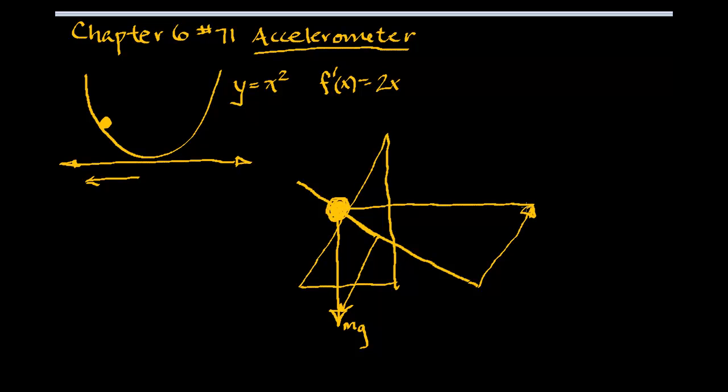Okay, so this is our force that's being generated by the acceleration, and remember, the normal force is the force that's opposite of whatever it is that's pulling it down into the ground here. And so we have our component vector from gravity, but we also have our component vector from this acceleration.